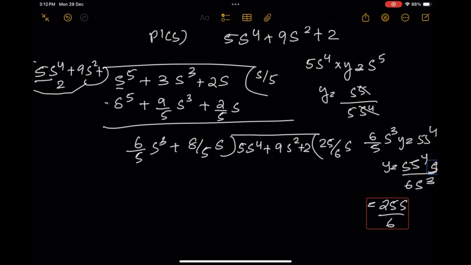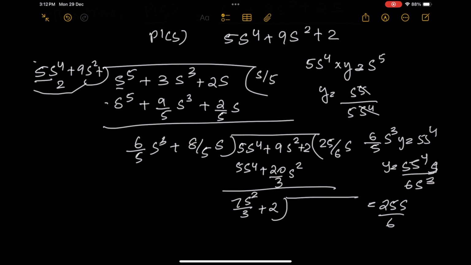Then we'll solve this and we'll get 5s raised to 4 plus 20 by 3 s square. Solving this, the remainder will be 7s square by 3 plus 2, and we continue the division by taking the value here, 6 by 5 s cube plus 8 by 5 s.